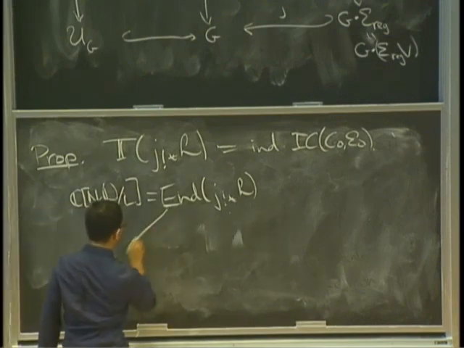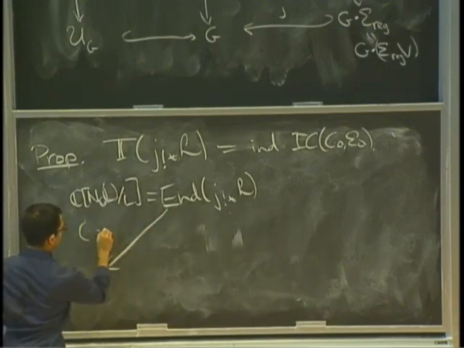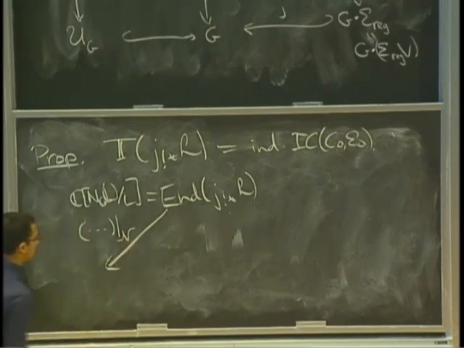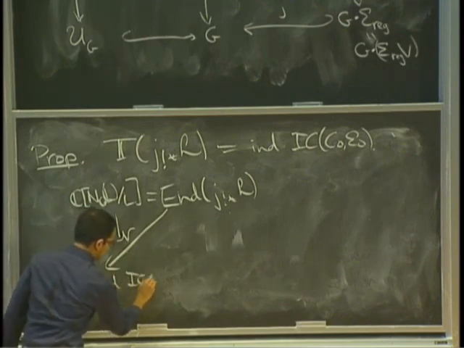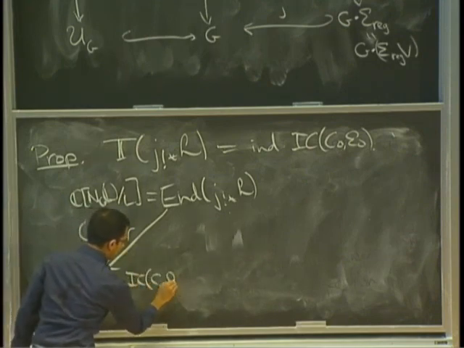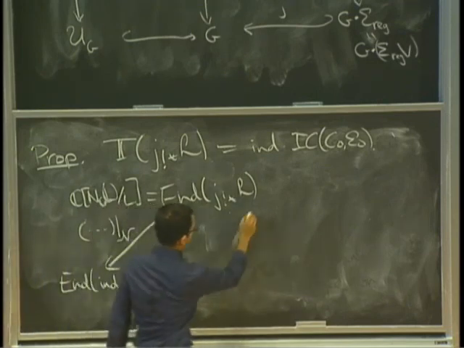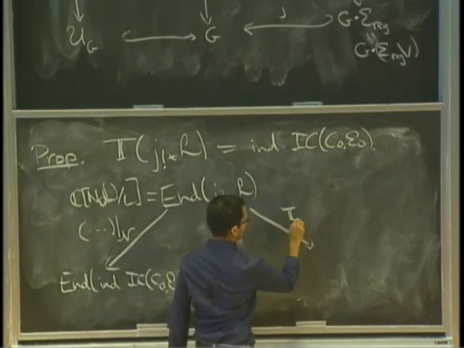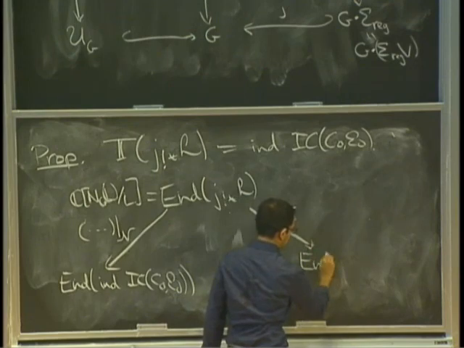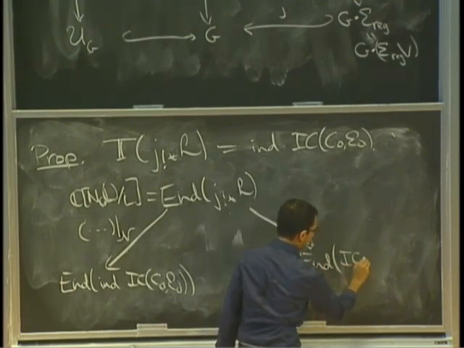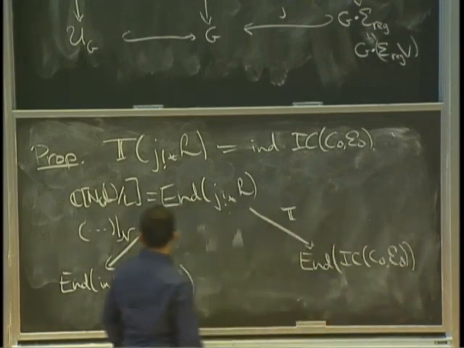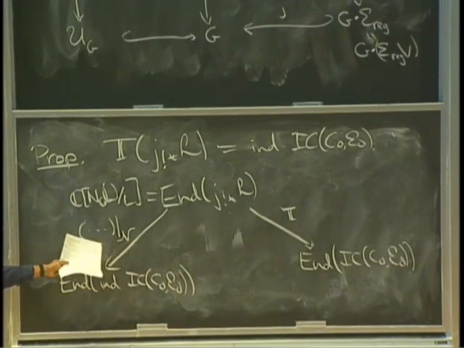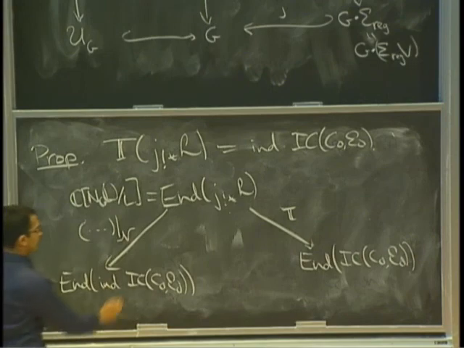You can either restrict to n to get to the endomorphism ring of the induced sheaf, or you can apply Fourier transform. On the left side, well, that's what I had on the board earlier.